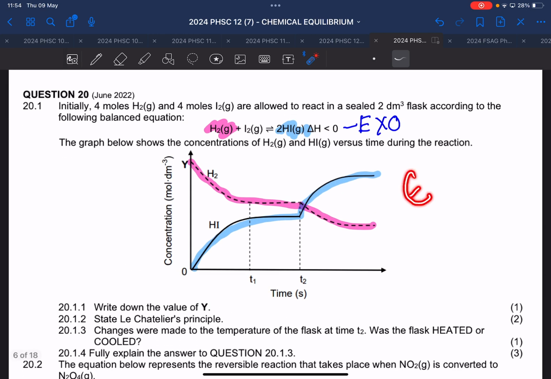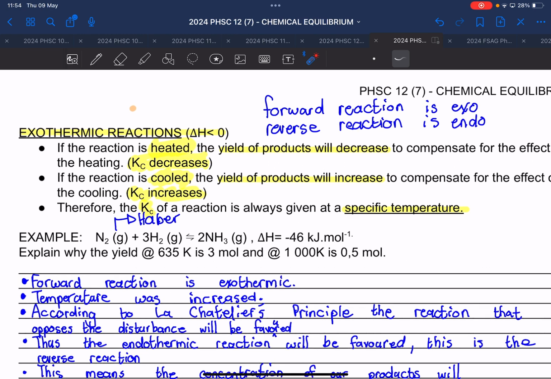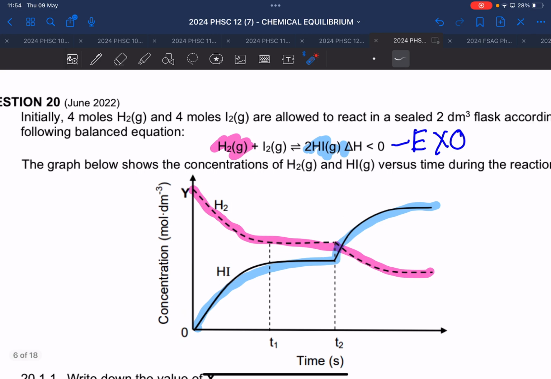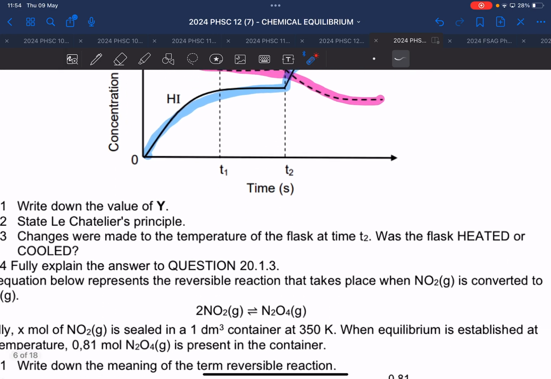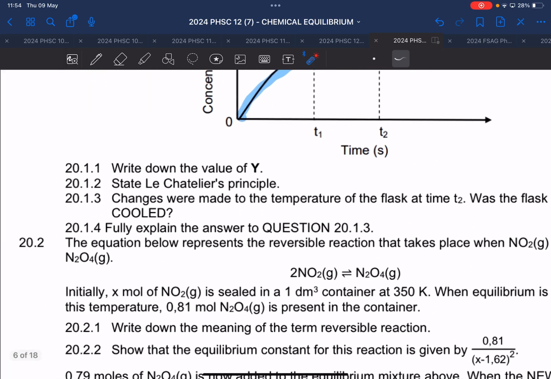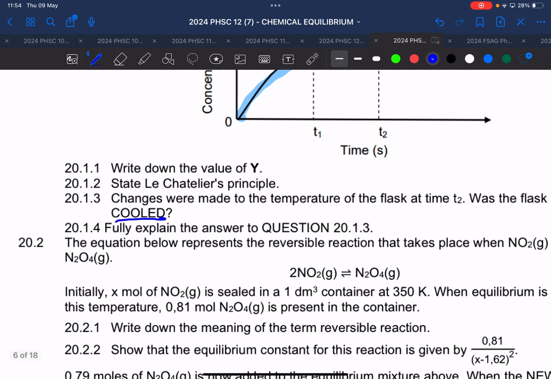We can see that our product's yield increases. So if we look here, where the yield of our products increases, that means the reaction was cooled. So the flask was cooled down.